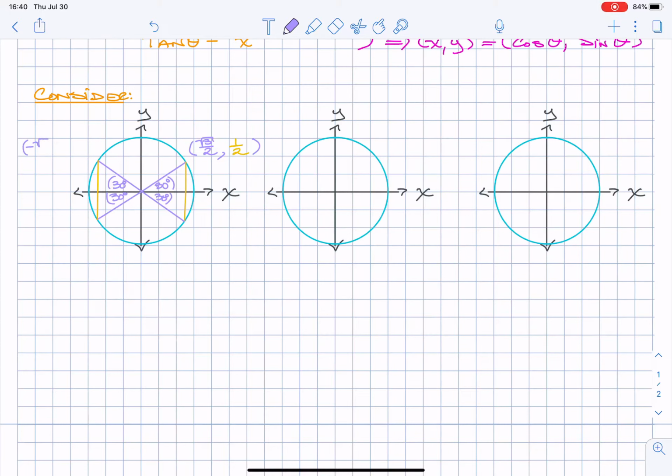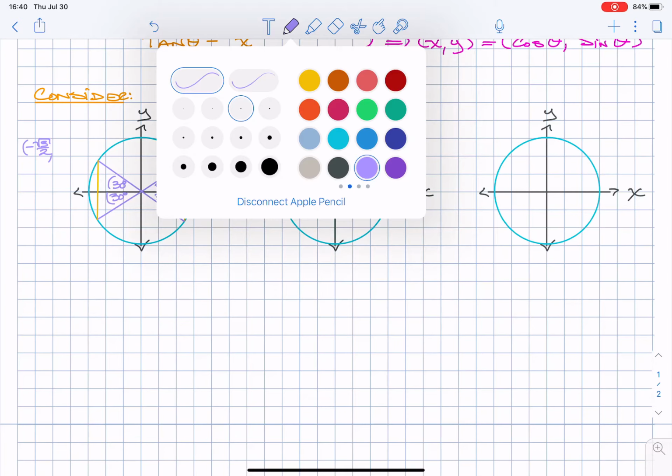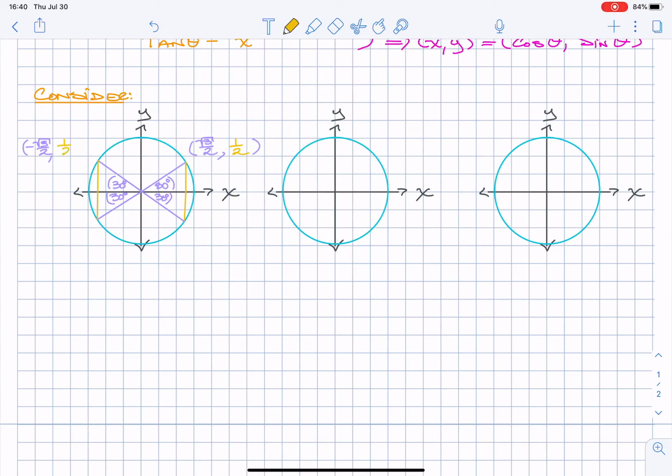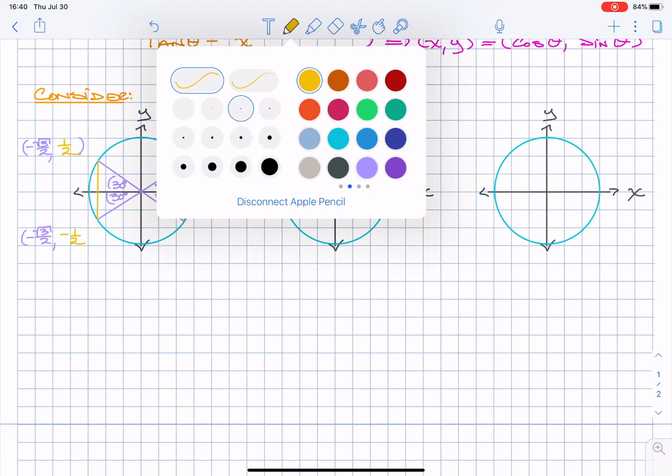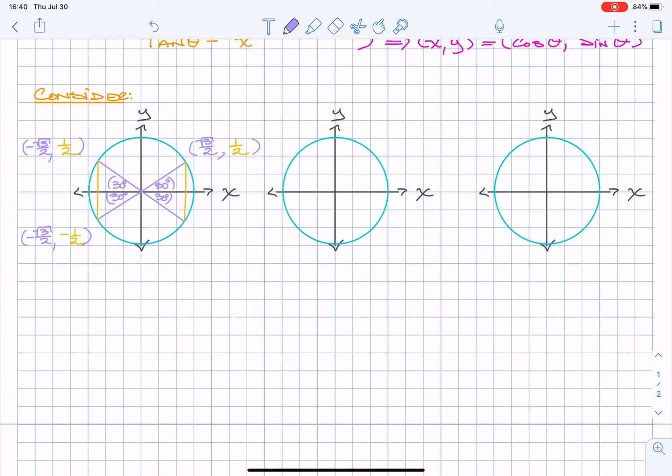So it's negative root 3 over 2, comma, still positive 1/2 for the y-coordinate. In quadrant 3, they're both negative, so negative root 3 over 2, comma, now negative 1/2 for the y-coordinate. And in quadrant 4, my x-coordinate is positive root 3 over 2, but now my y-coordinate is negative 1/2.